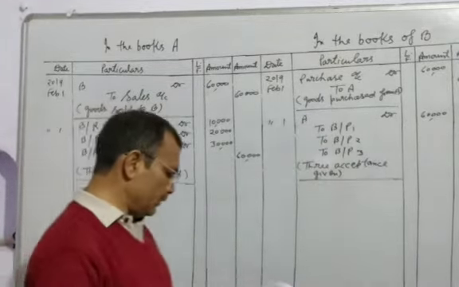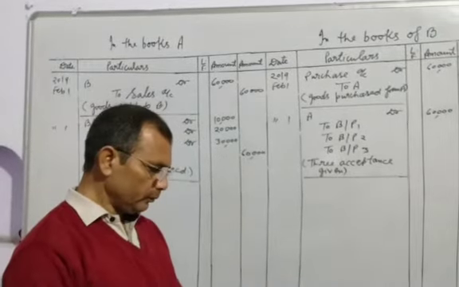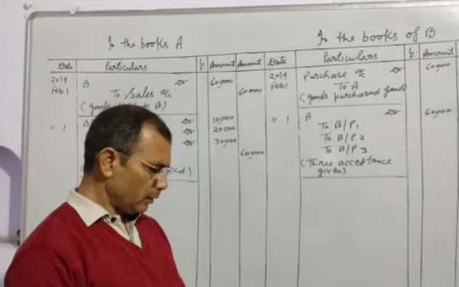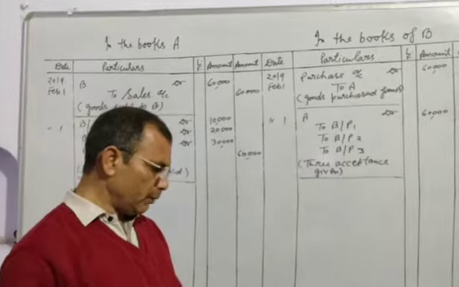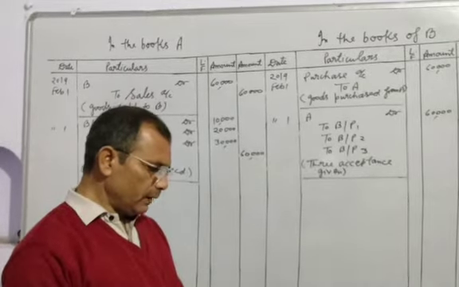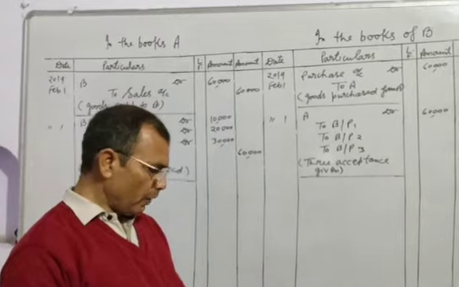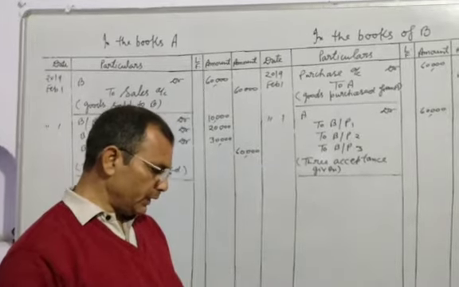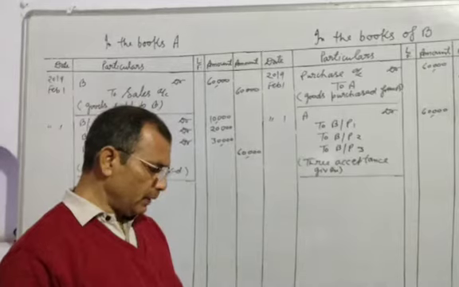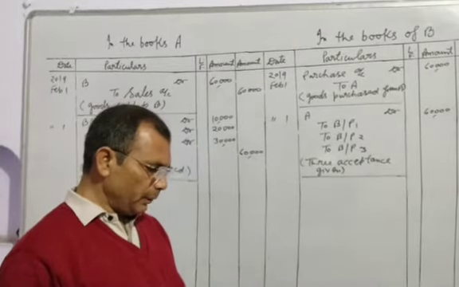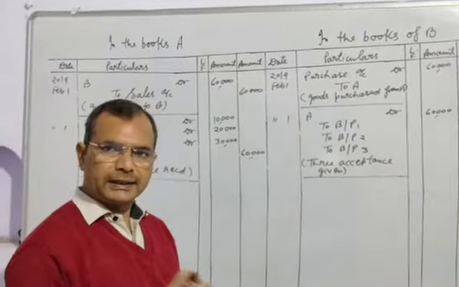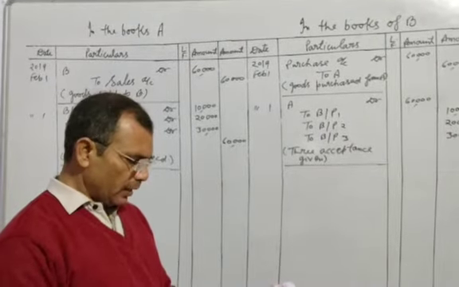And we will read the question again. The time duration of the bills: the first bill is of 10,000 payable after 30 days, the second bill for 20,000 payable after 60 days, and the third bill for 30,000 payable after 90 days. This is written in your question.